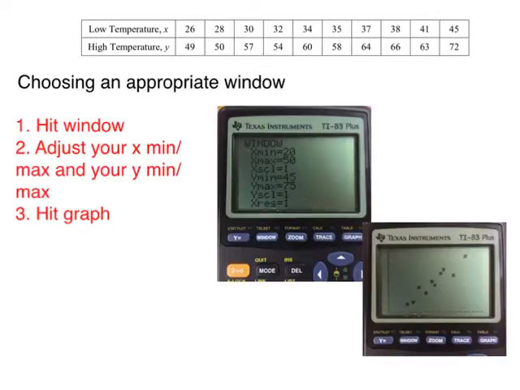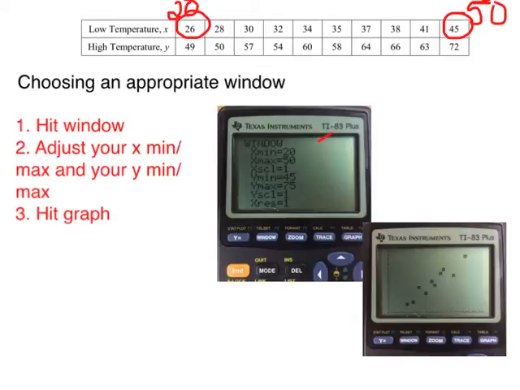Choose any appropriate window. Before I can go ahead and graph, I want to make sure that I use the right window. So the first thing we're going to do is hit window. Then we're going to take a look at what my X's are. My X min is 26 and my X max is 45. So what I'm going to choose for my min and my max is I'm going to say my min is going to be 20 and my max is going to be 50.